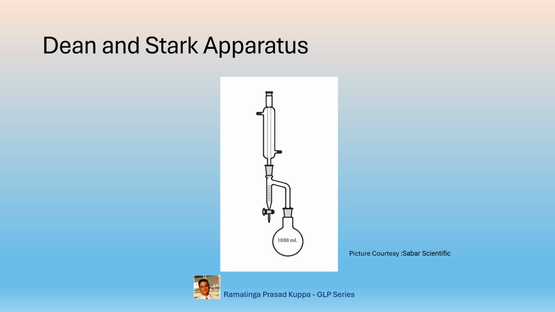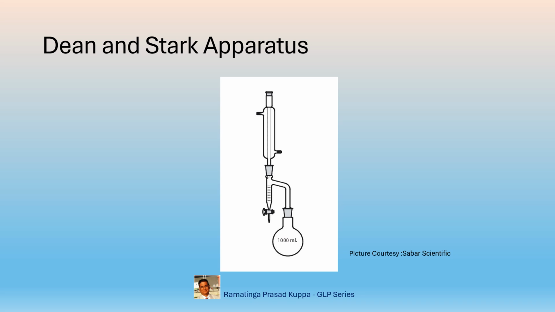Take the liquid in the round bottomed flask and add toluene as entrainer. Boil the mixture with the condenser connected to cold water. Toluene and water form an azeotrope and distill out at 84.1 degrees Celsius. The distillate is collected in the burette just below the condenser.